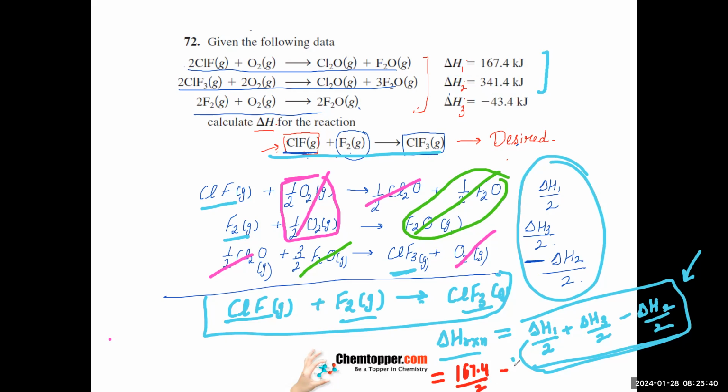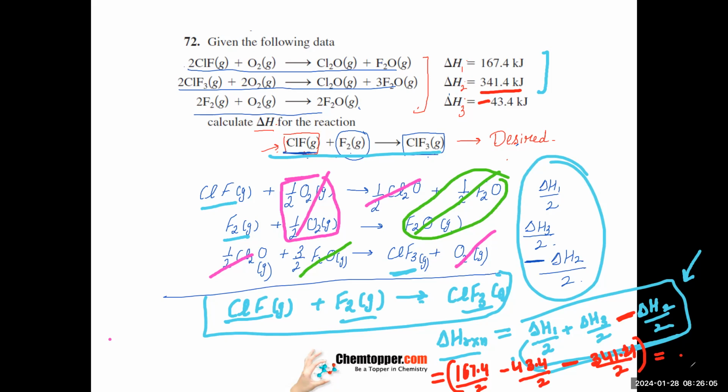Delta H3 is this, minus, so I'm taking it minus 43.4 divided by 2. Delta H2 is plus, but after reversing it is minus, so minus 341.24 divided by 2. I think this reaction is going to be exothermic.